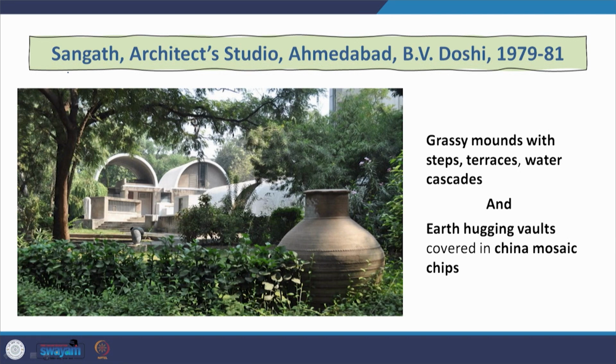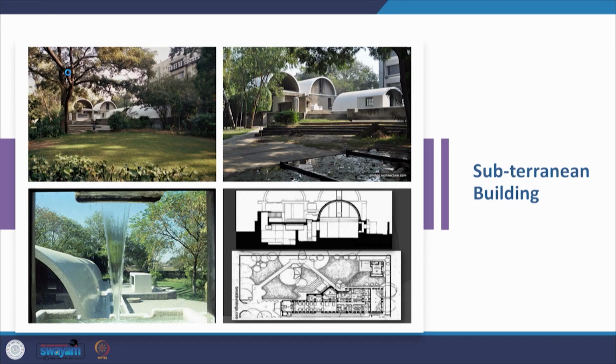I am as if speaking the language of Le Corbusier, right? And they are the earth hugging walls. The structure is predominantly subterranean, and it is covered with China mosaic chips on the top.